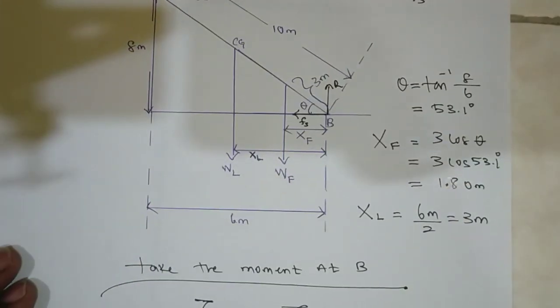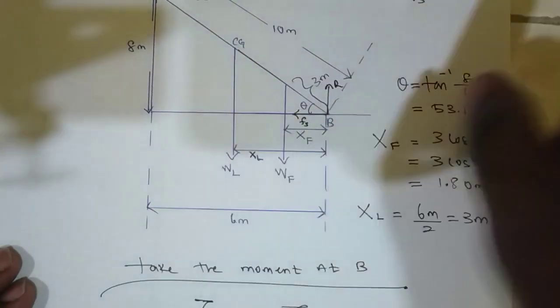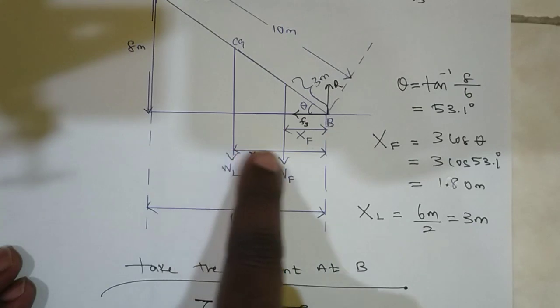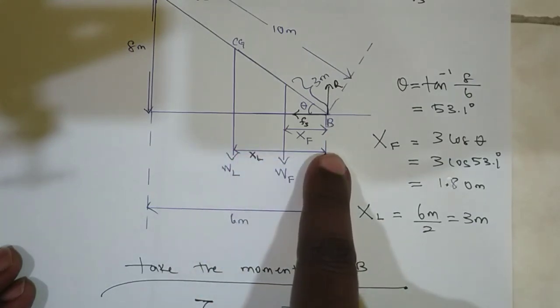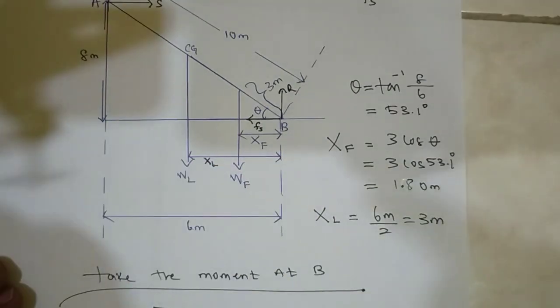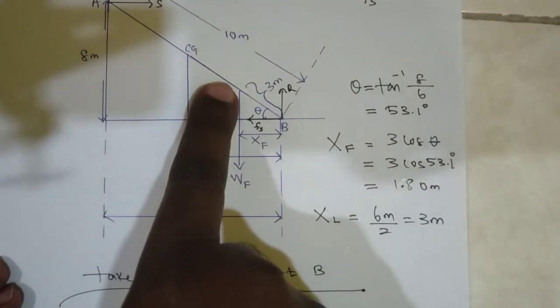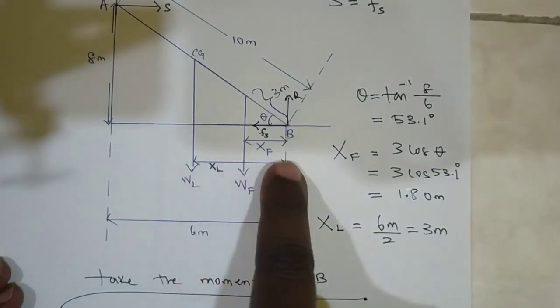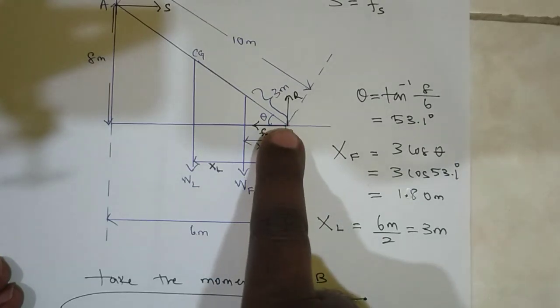For anti-clockwise, weight of ladder times XL towards the axis of rotation, and weight of firefighter times XF towards the axis of rotation.